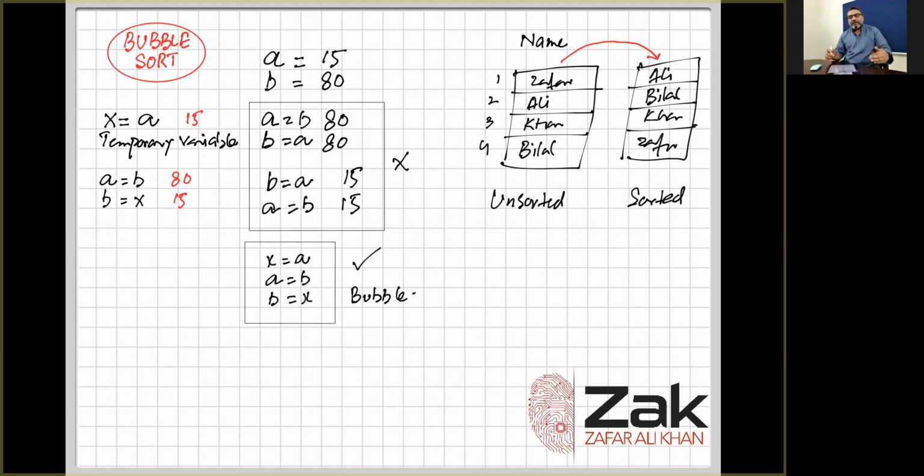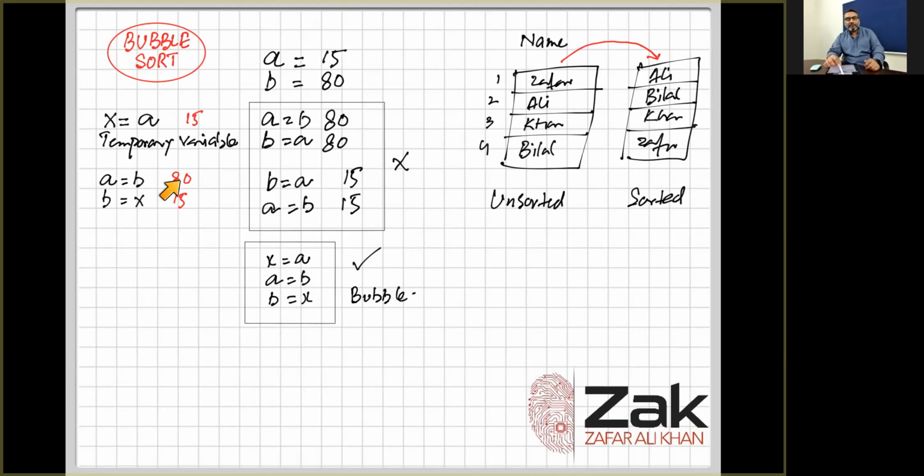This way we can employ an extra variable, an additional temporary variable over here by the name X. Once we make use of an extra variable, we save values which we would have missed earlier because the original value got overwritten. Now X has the value of A, then we make A is equal to B, and now A has 80.